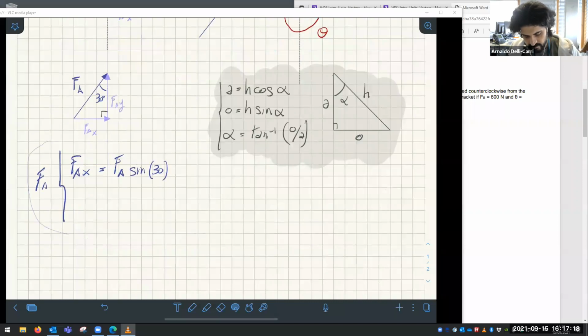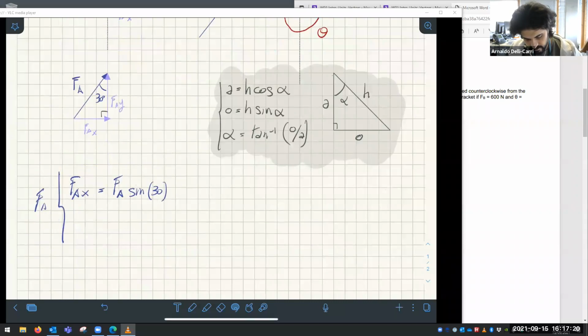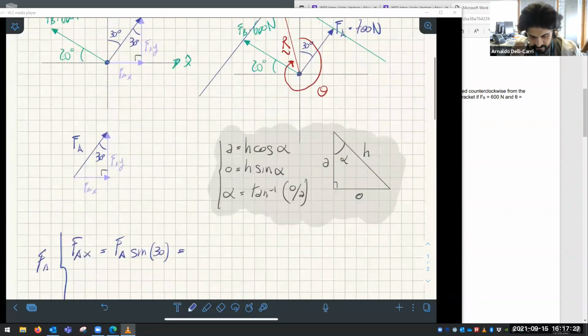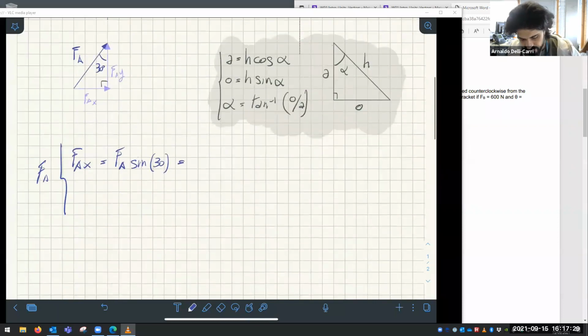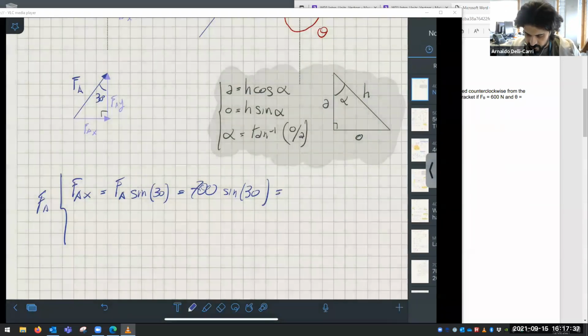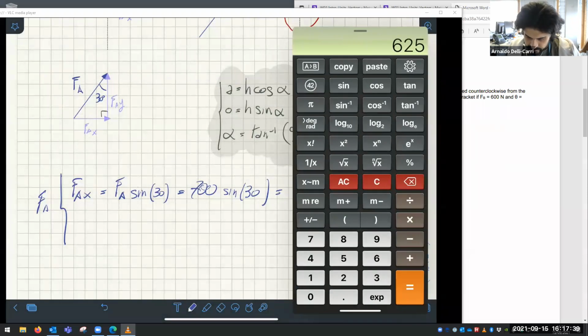Put this a bit down. So in numbers, FA was 700 newtons. So this is 700 times the sine of 30, which gives, let me see if I can open the calculator. So 700 times, see my calculator is in degrees.